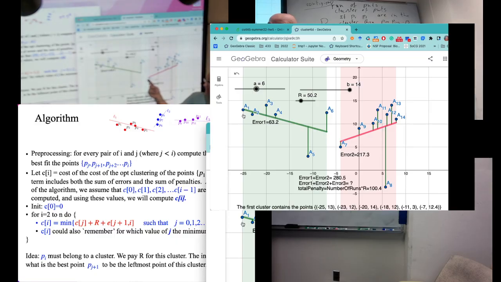But if A7 is indeed the leftmost point of the cluster of A14, it means that A6 is the last point of the previous cluster. And in this case, how should I cluster all the points from A1 to A6? I'll use the optimal clustering and pay a penalty which is as small as possible.